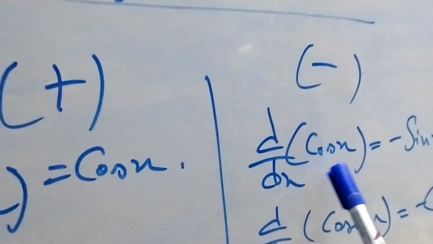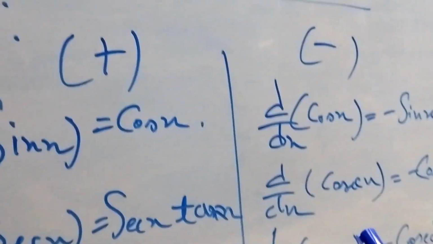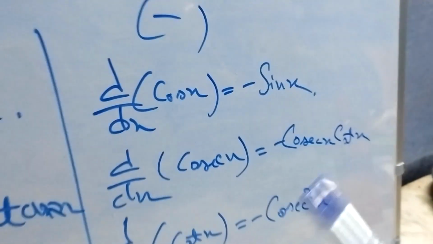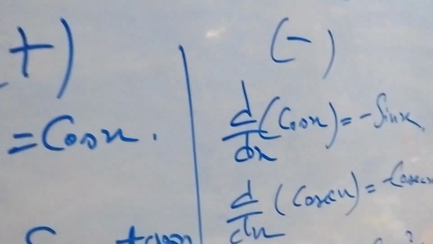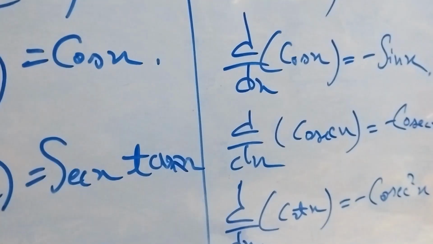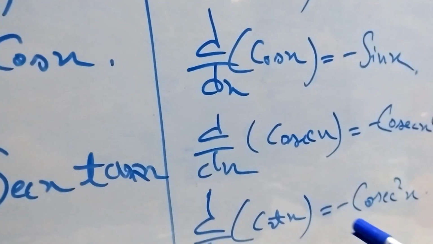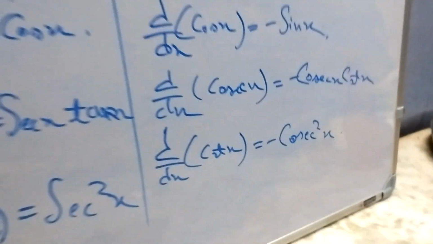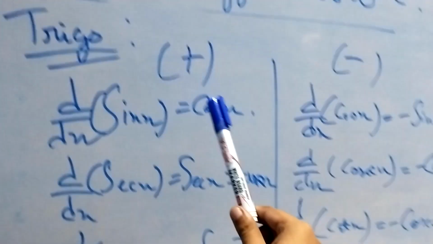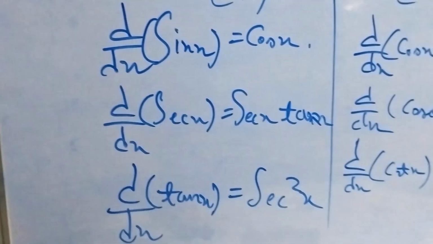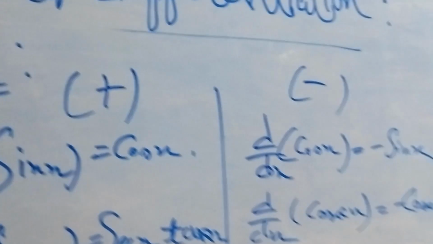Then if we differentiate cos x, we get minus sin x. If we differentiate cosec x, we get minus cosec x cot x, and if we differentiate cot x, we get minus cosec square x. Can you see an analogy right here? If you memorize this side, the things on the other side are nearly the same.